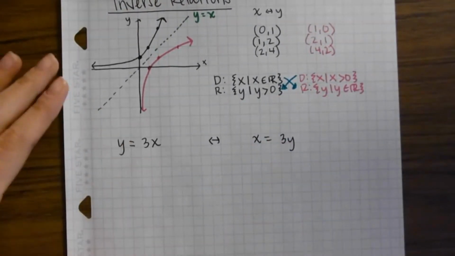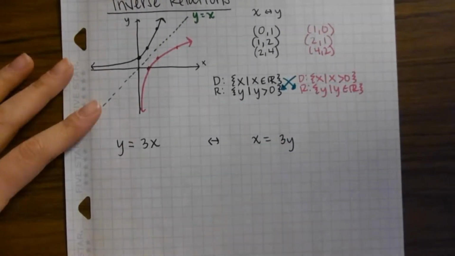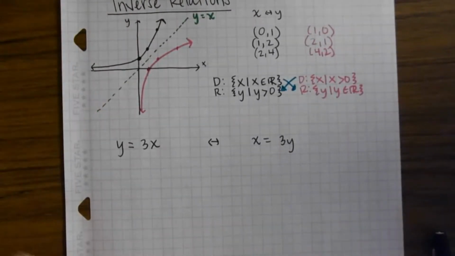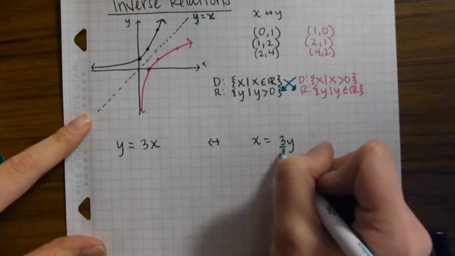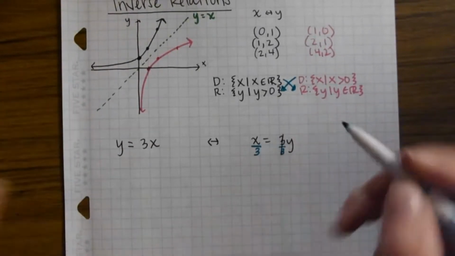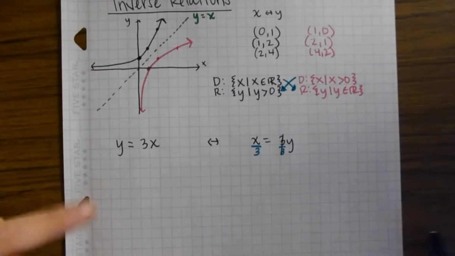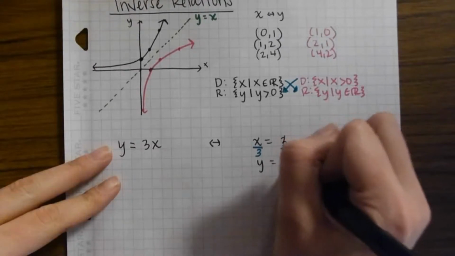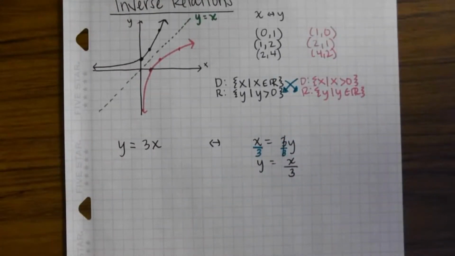So I'm going to have x equals 3y. Well, I want to solve this so that I have y by itself. So I'm going to divide both sides by 3. Three divided by 3 is 1, so that'll cancel out. And so my inverse is y equals x over 3.